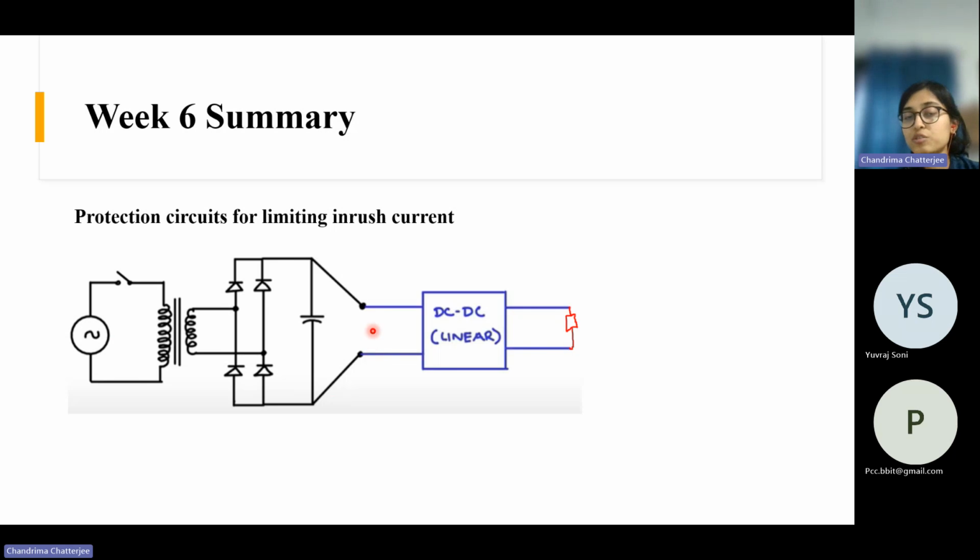So to get a very steady, regulated DC voltage, you need this linear regulator circuit, where you can get a steady DC voltage at a constant value that will not fluctuate with fluctuation in input voltage or any other parameter. It will always be maintained at that particular value due to this linear regulator. That is the requirement of having a DC-DC linear regulator, right?